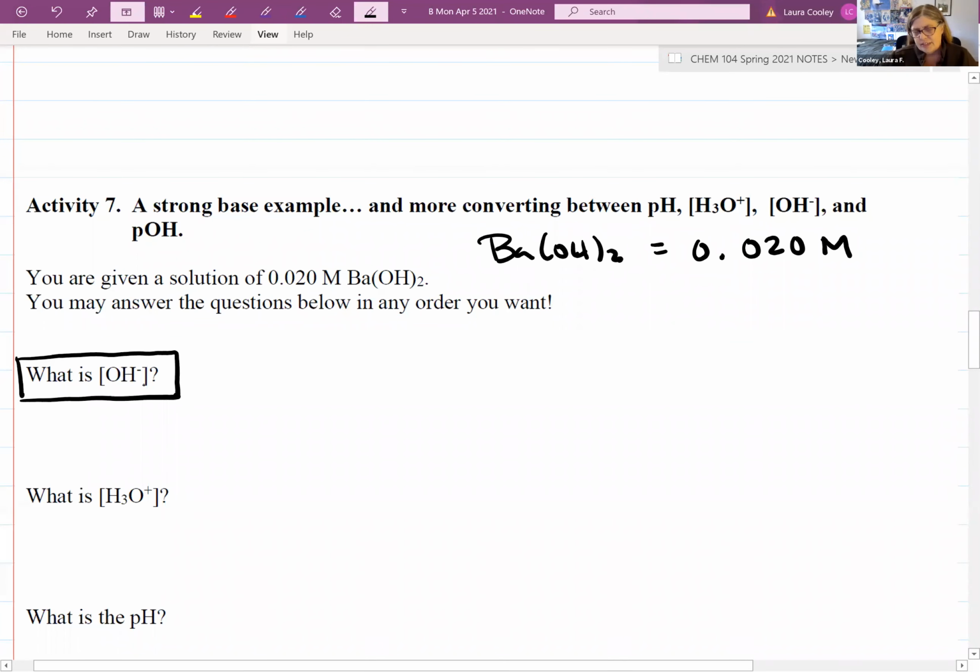What is the answer? If you dissolve barium hydroxide, and I tell you that it's soluble, it starts out solid, and then you get barium ions. How many hydroxide ions am I going to get here?